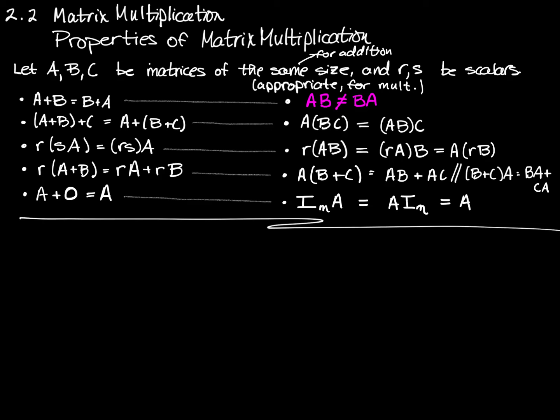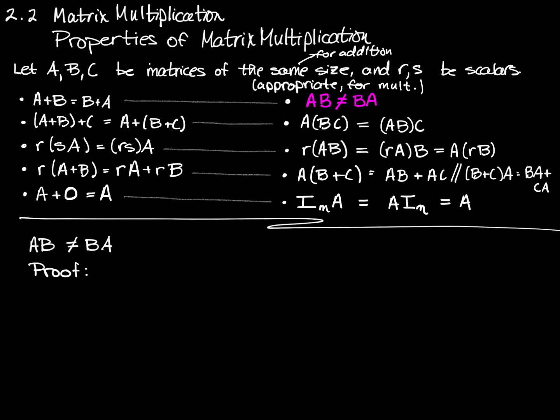That is this property right here. And it does that by using this sigma notation and the fact that the entries in a matrix are real numbers, and it applies the properties of real numbers to do that. I'm going to prove that the order of multiplication of matrices is important.